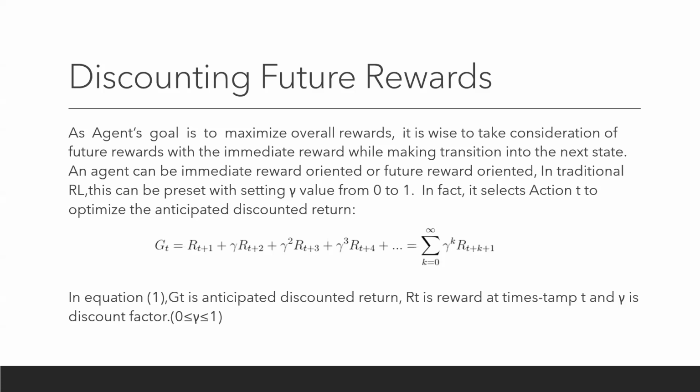In the equation, GT is equal to R(T+1), the immediate reward, plus gamma times the reward of the second state from the environment. When we do gamma squared, it decreases because its value is between 0 and 1. So at each time step, we devalue the state.